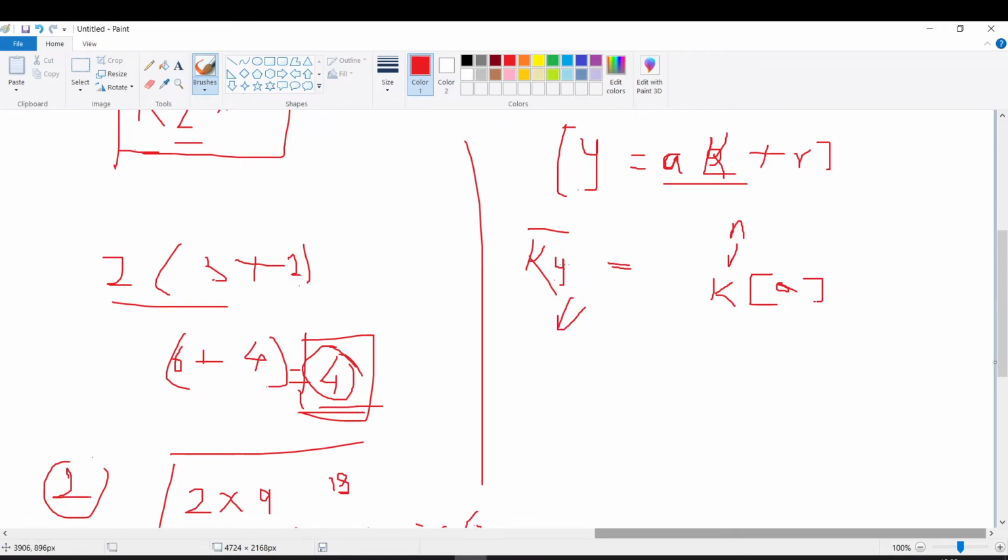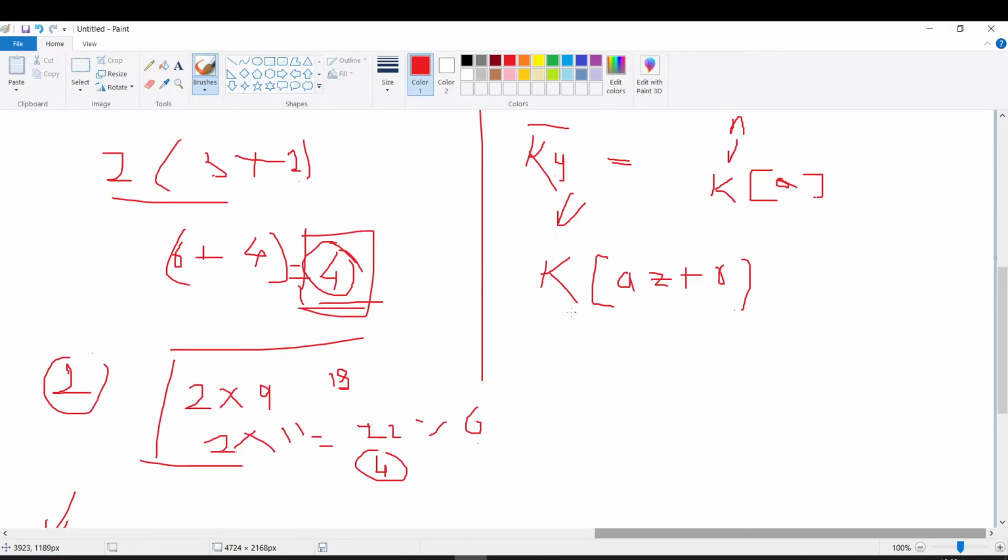Now, this y should be written in terms of this a. Okay, let's not denote this k. Let's have some other numbers there. So it will be a multiple of a plus r. This r is nothing but the remainder when we divide y by a. So if you see, this value will always be divisible by ka, as it contains k and a, so it equals n.